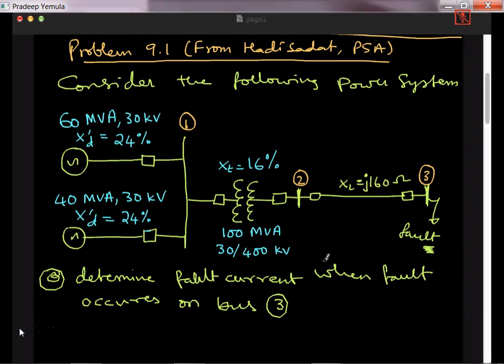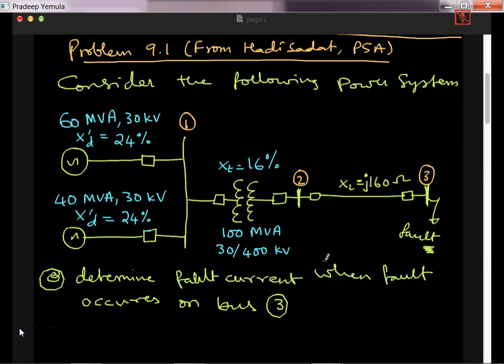Let me also read some assumptions. So the question is saying, initially it is on no load with generators operating at their rated voltage with their EMFs in phase. The rating of the generators and transformers and respective percentage reactance are marked in the diagram. All resistances are neglected, and the line impedance is J160 ohms. A three-phase balanced fault occurs at the receiving end of the transmission line.